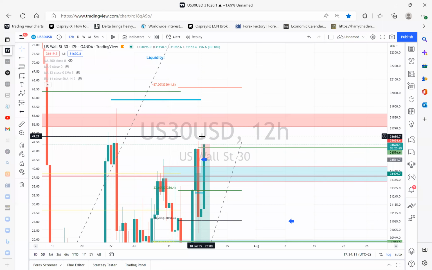Okay, well, let's see. That's all we can really do. But I'm working on the timing aspects of it as well, because there are certain times the market does certain things, and it likes to go from kill zone to kill zone. That's why I'm trying to bring that into my trading, and so far it's working.